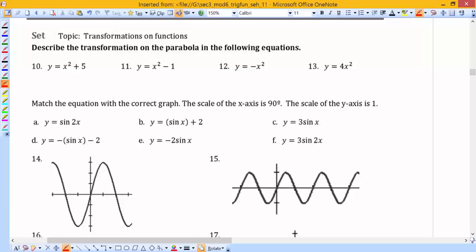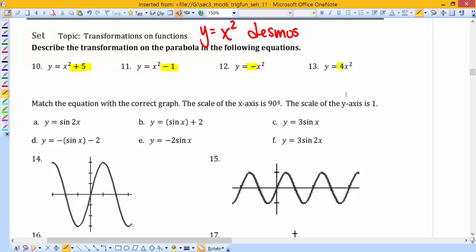I would like you to type y equals x squared into Desmos. If you don't remember what all these different pieces are, these are the additions. So my parent graph is y equals x squared. These are the extra pieces. That's what is making that transformation happen.